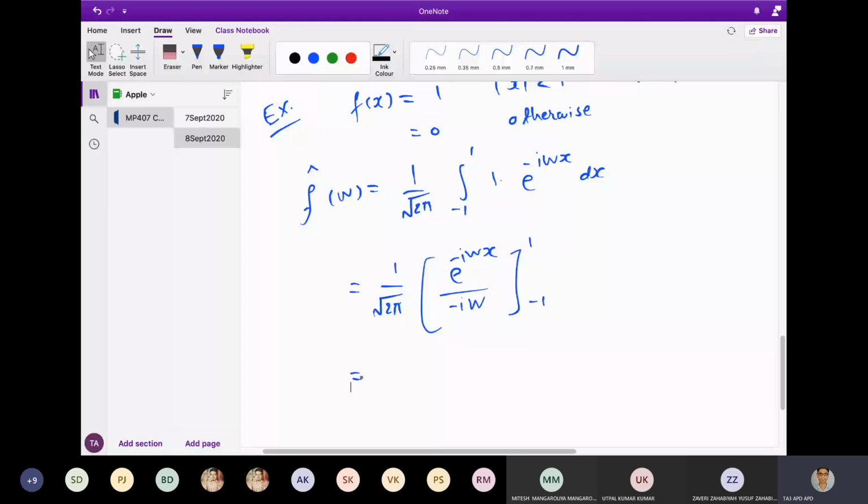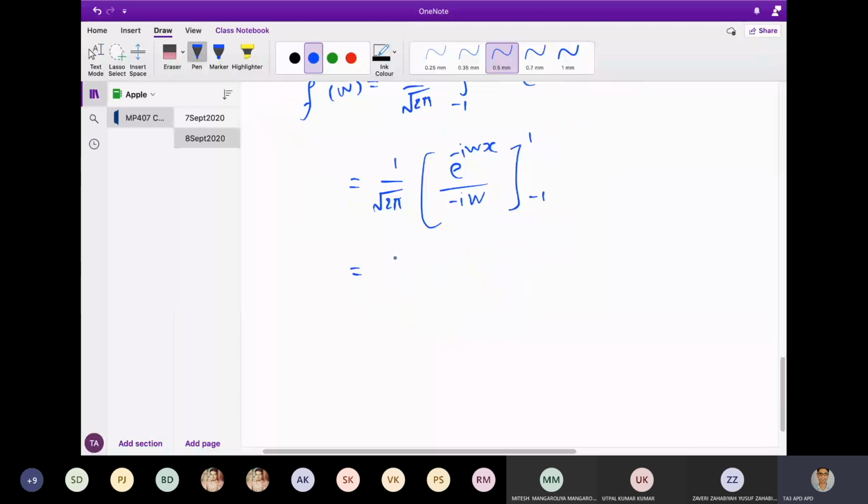Okay, so if you just simplify this, you should get, this is minus 1 upon i, so I'm writing it over here, i over under root 2 pi, and you should get e to the power minus i w minus e to the power i w.